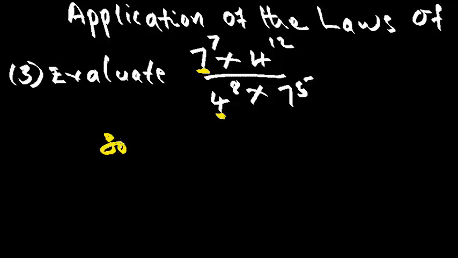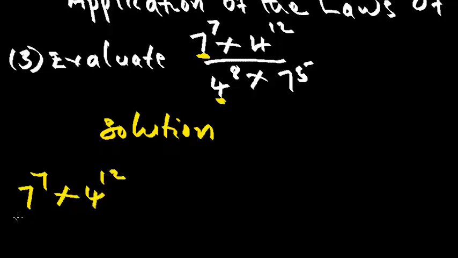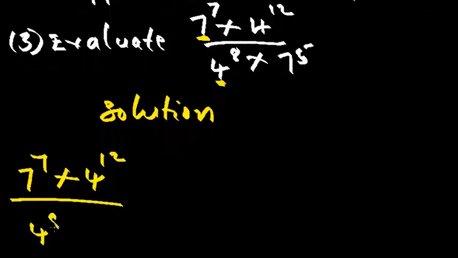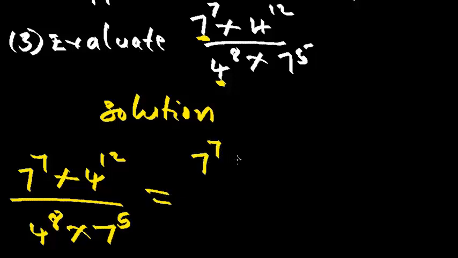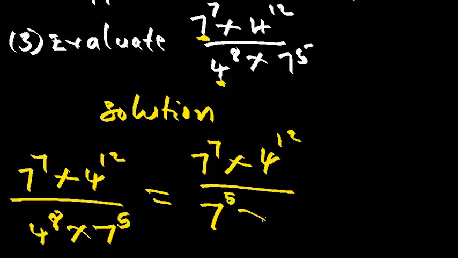So we have 7 exponent 7 times 4 exponent 12 all over 4 exponent 8 times 7 exponent 5, which is going to give us 7 exponent 7 times 4 exponent 12 all over, and I'm now going to rewrite the denominator as 7 exponent 5 times 4 exponent 8.